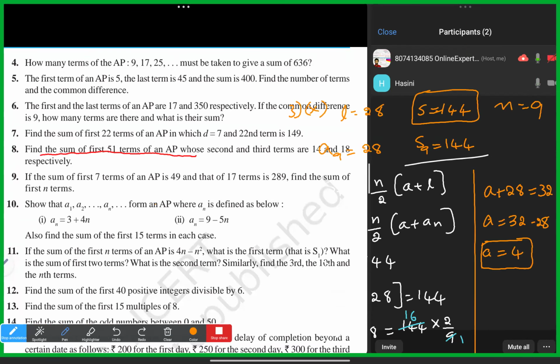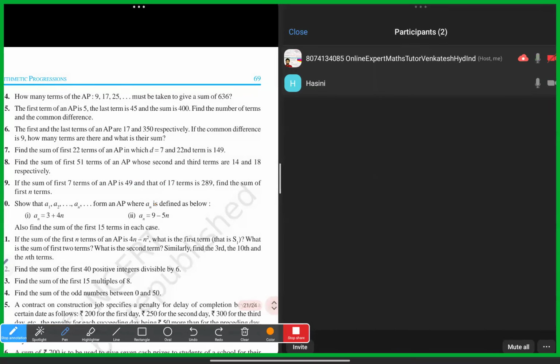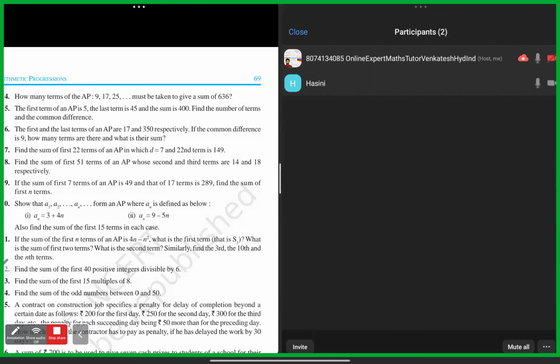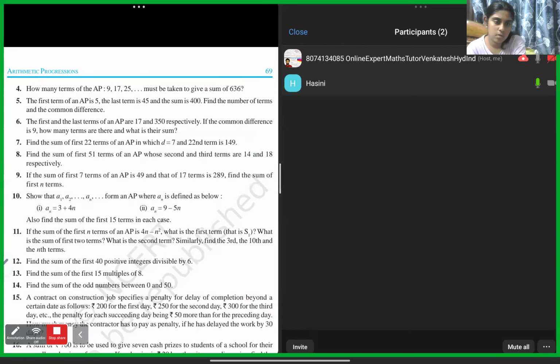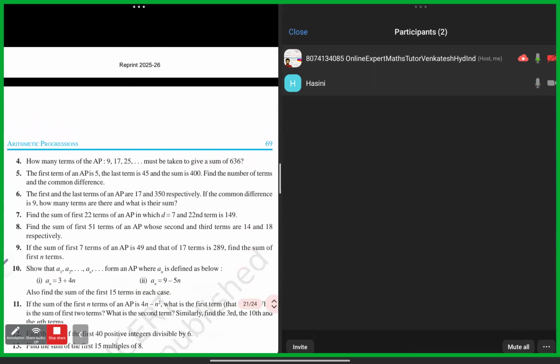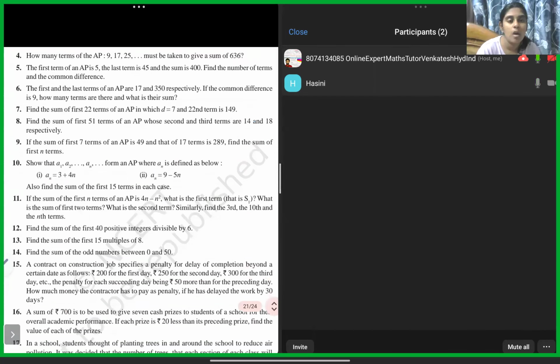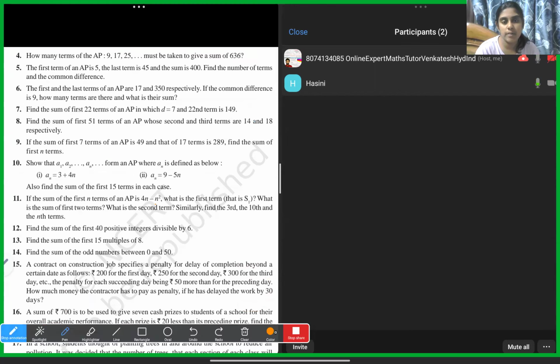Fourth question. How many terms of the AP 9, 17, 25 must be taken to give a sum of 636? So how many terms?